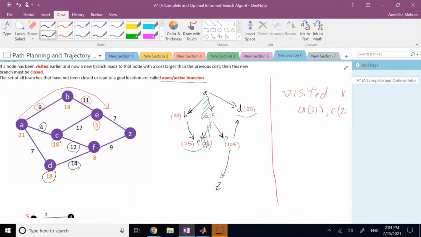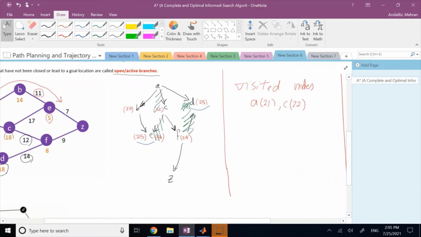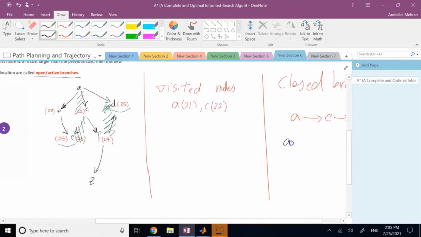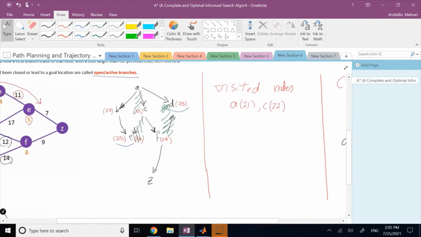I'm not going to go back to D. It doesn't even worth it going back to D. If you want, we can do it. And then, since this guy is going to cost 48, clearly that's not a good idea. So this is a dead branch. You're absolutely not going to go there, A, F, and then from F to D. So going from A to F to D is absolutely not something you want to proceed.